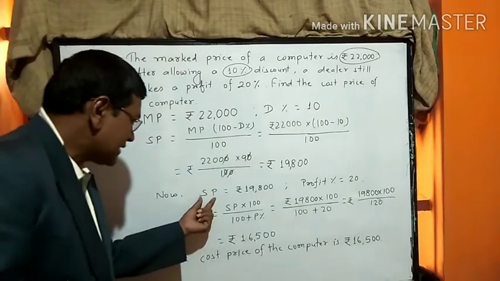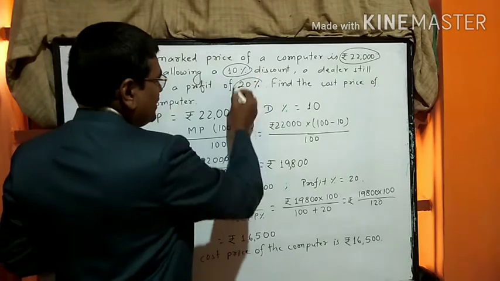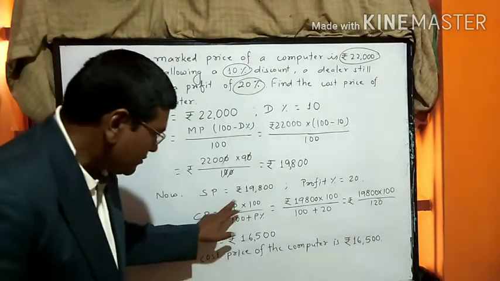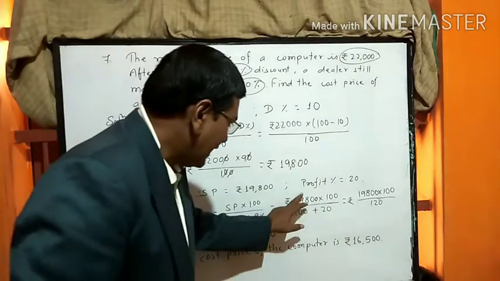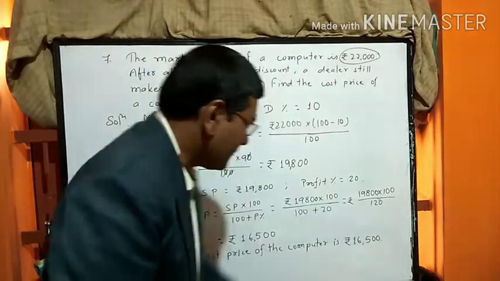Again, SP equal rupees 19,800. Profit percent is 20. So CP is equal to SP into 100 by 100 plus profit percent. 19,800 into 100 by 100 plus 20, 120.